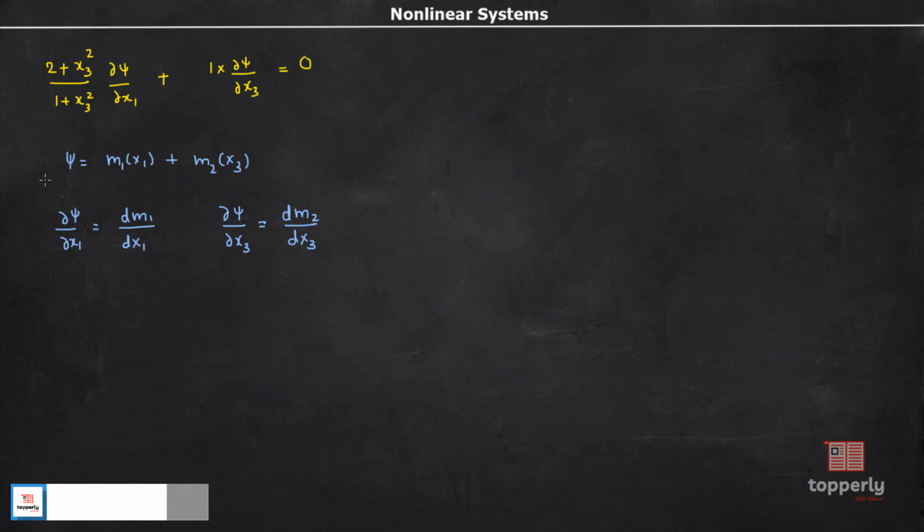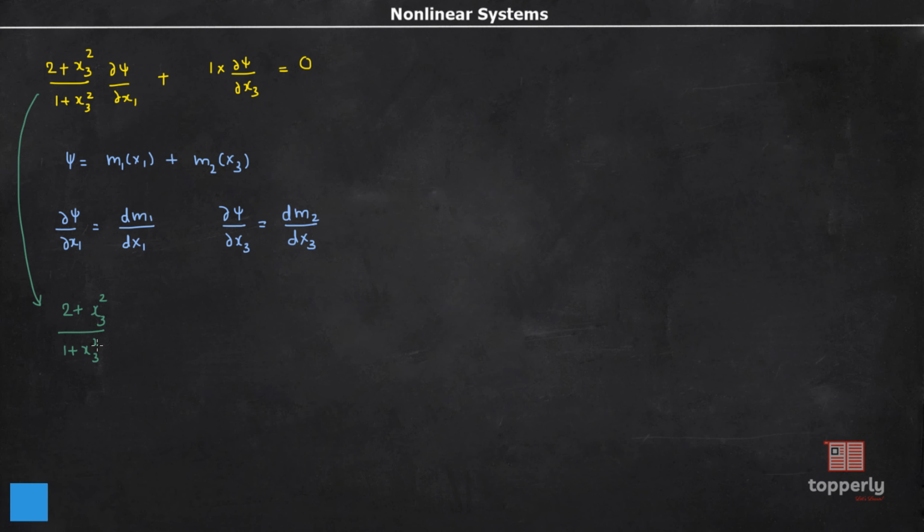Substituting these into our differential equation, we have (2 plus x3 square) by (1 plus x3 square) into dm1 by dx1 plus dm2 by dx3 equal to 0. This again implies (2 plus x3 square) by (1 plus x3 square) into dm1 by dx1 is equal to minus 1 into dm2 by dx3, right?